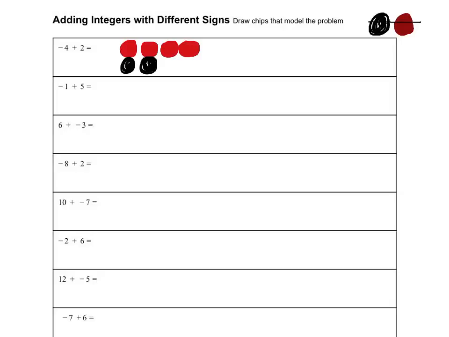They cancel each other out. So with my negative 4 and my plus 2, when I line them up, I can see that one set of positive and negatives cancel each other out. A second set cancels each other out, which leaves me with 2 red left over, which would give me a final answer of negative 2 because my reds represent negative.